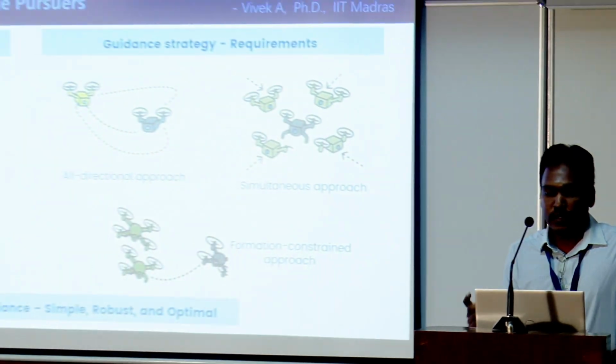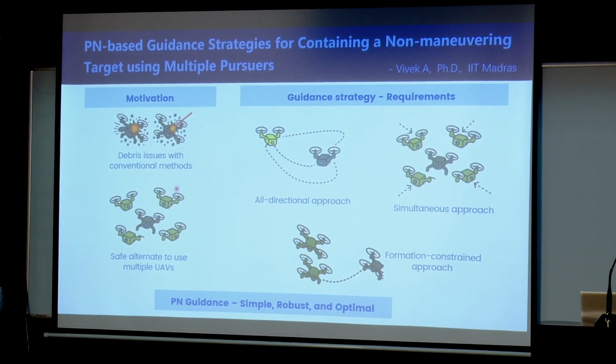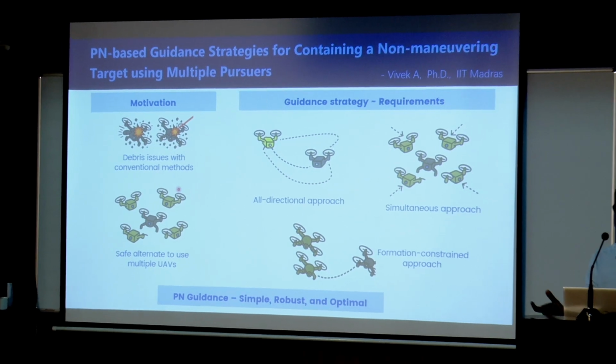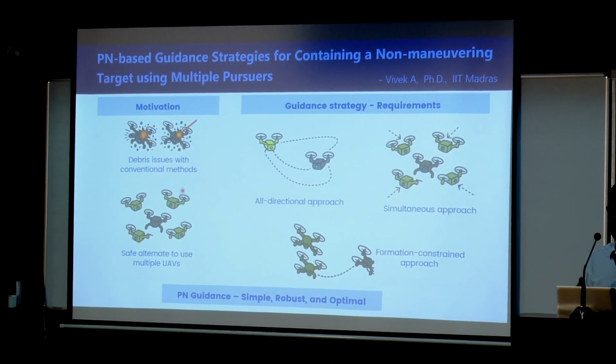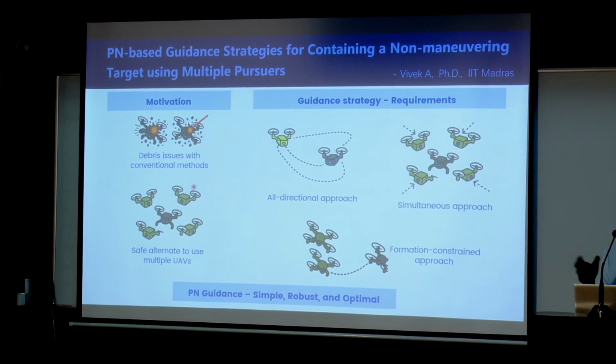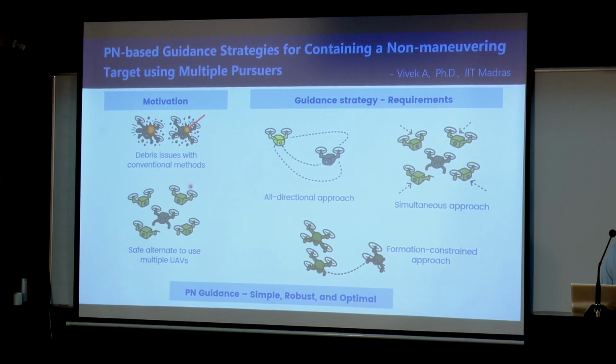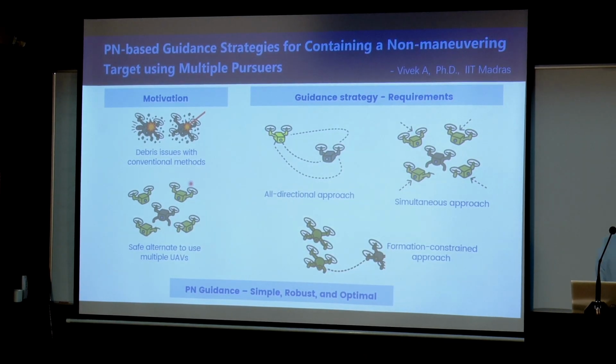To tackle such a thing, we cannot use conventional methods like shoot to kill, because that would create a debris problem, which could be more harm than the actual threat. In populated civilian areas, this will be a bigger damage.